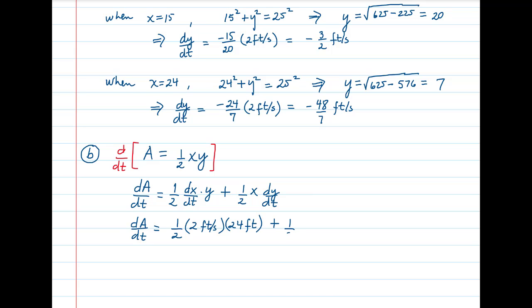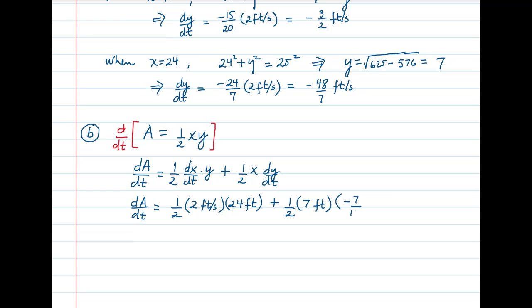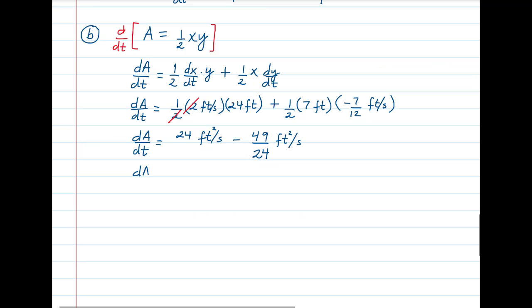And then plus 1/2 times x, which is 7, times dy/dt, which we figured out in part A as well, so that would be negative 7 over 12 feet per second. Cleaning this up a little bit, we get dA/dt is equal to 24 feet squared per second minus 49 over 24 feet squared per second. Putting those two together, we get 527 over 24 feet squared per second.